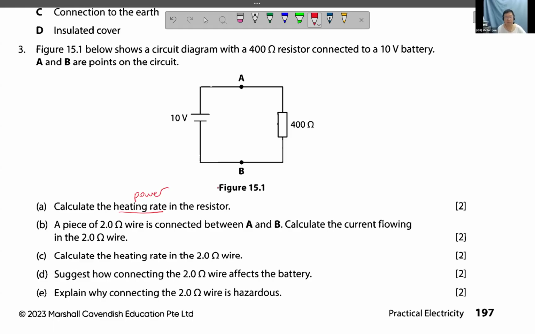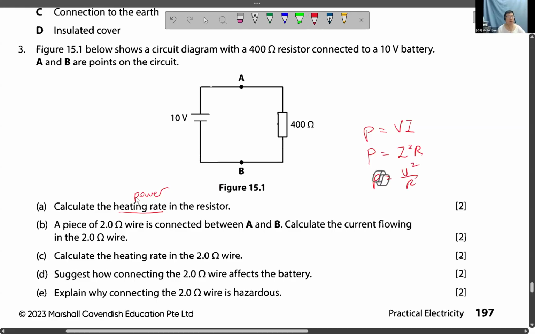So what's the power rating? What formula? Power equals voltage times current, or power equals I squared R, or power equals V squared over R.